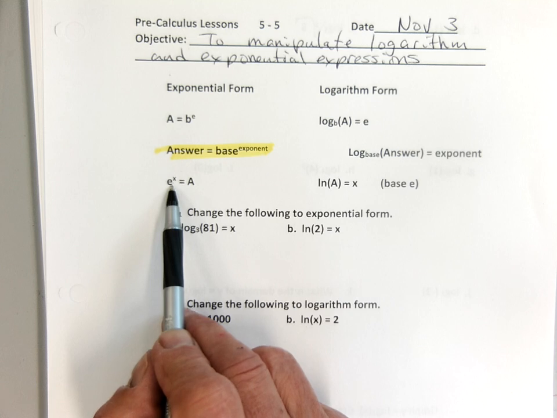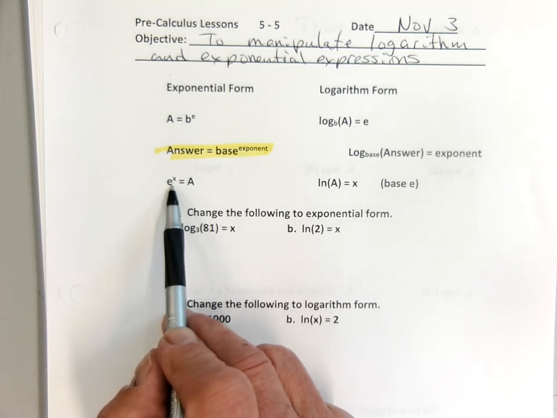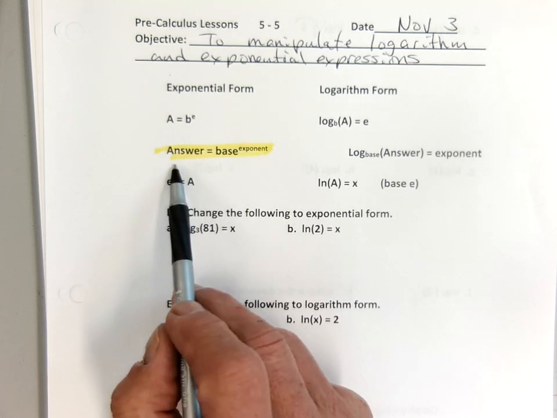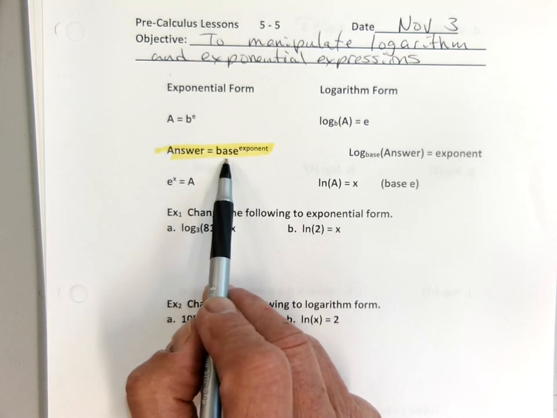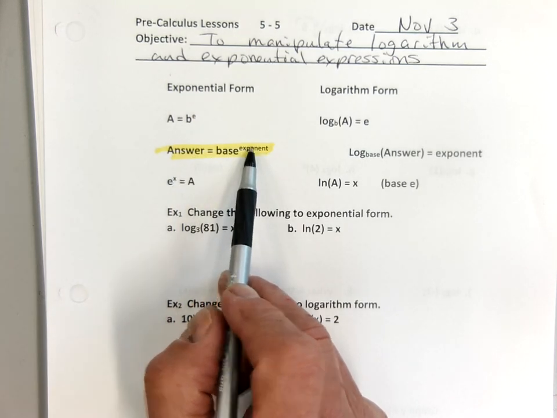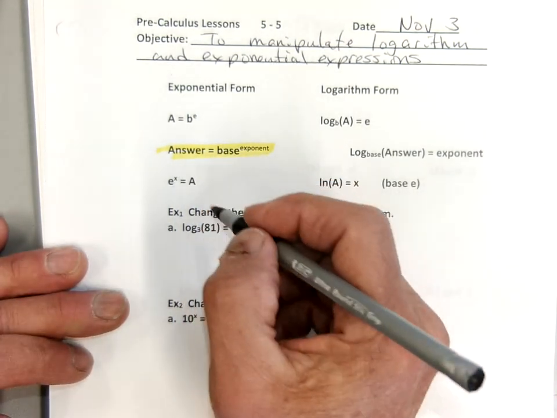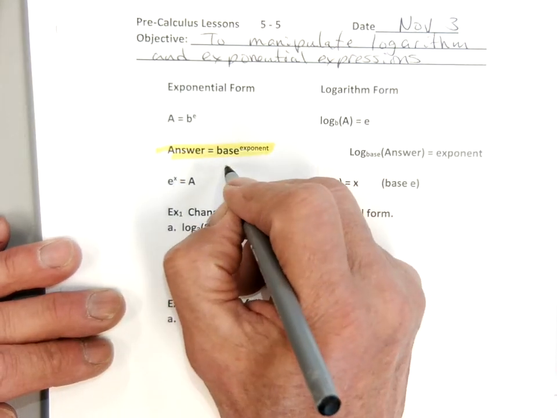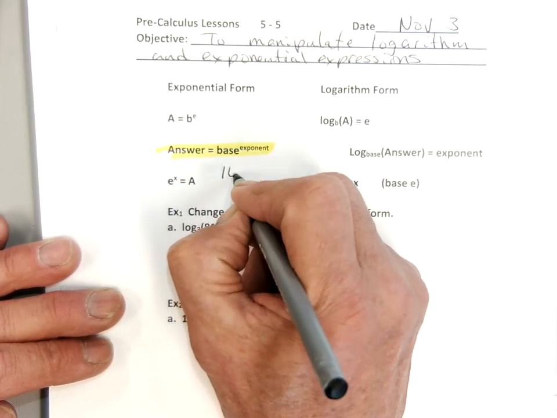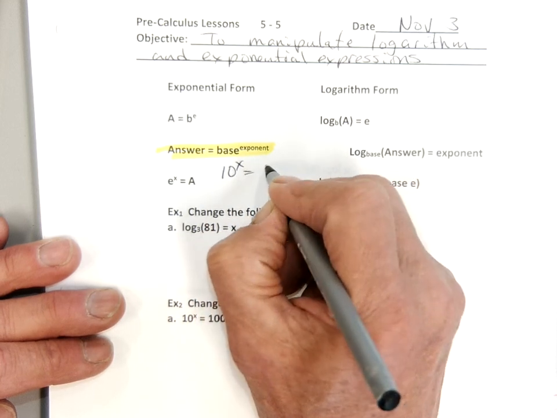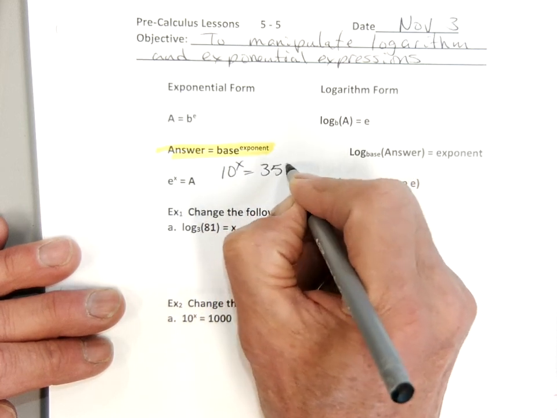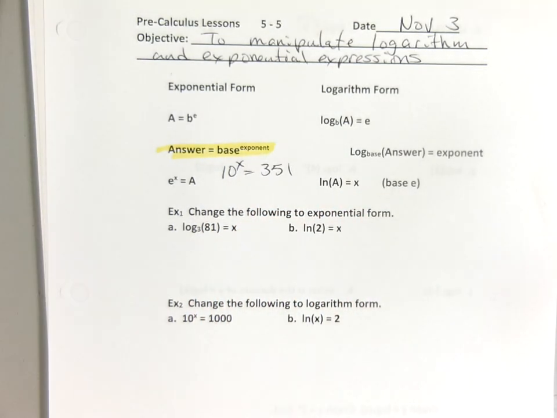That's exponential. So what we have here is answer equals base to an exponent. As an example, I'm going to give you 10 to the x equals 351. That's the example we started with today in our calculator.